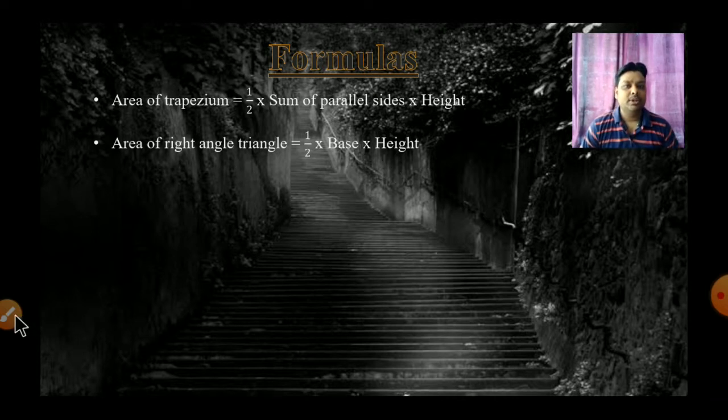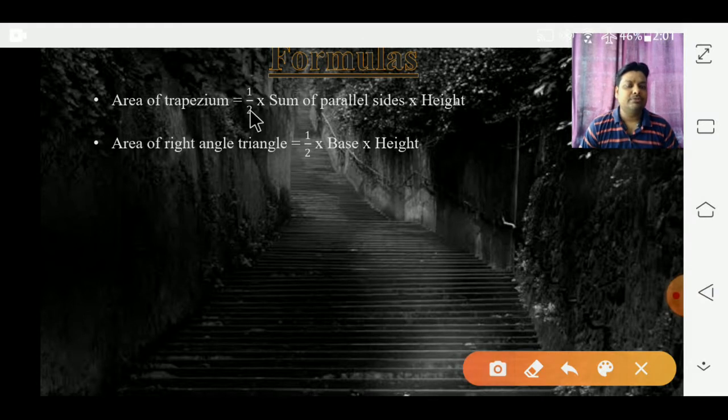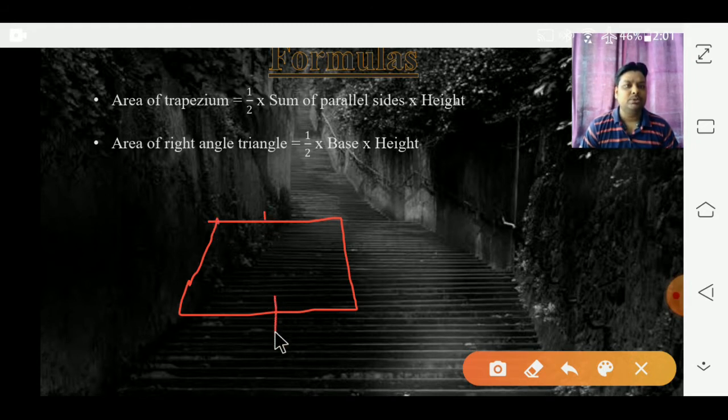Same as if we see first a trapezium, then we can say that this is a trapezium whose parallel sides are these two and the non-parallel sides are these. So 1 by 2 is the formula, into the sum of parallel sides, it means the sum of these two sides.